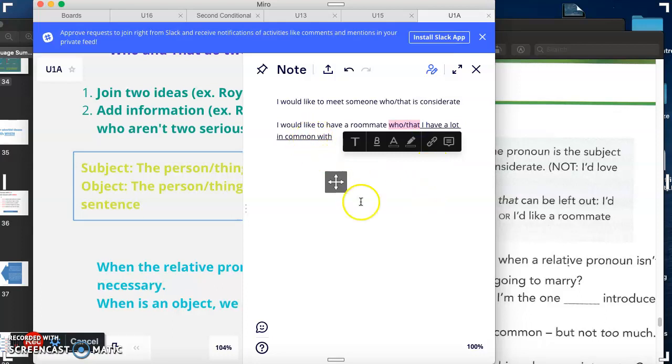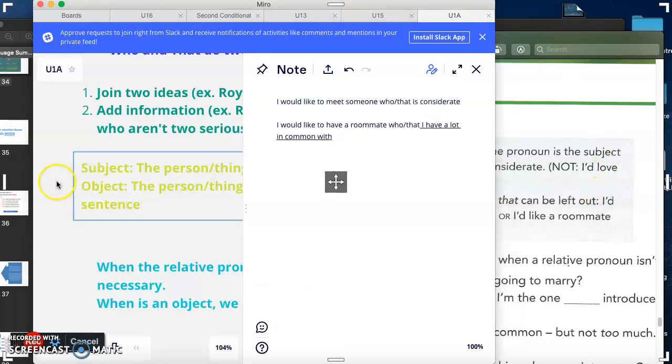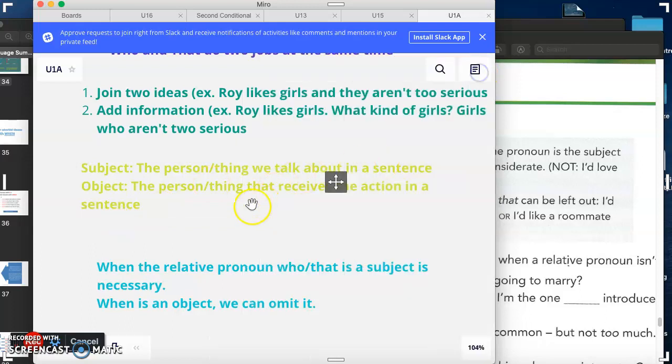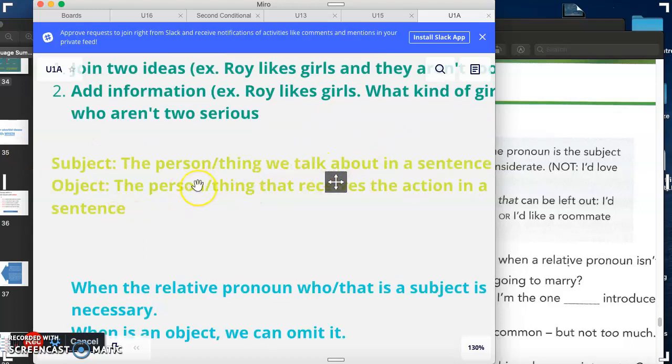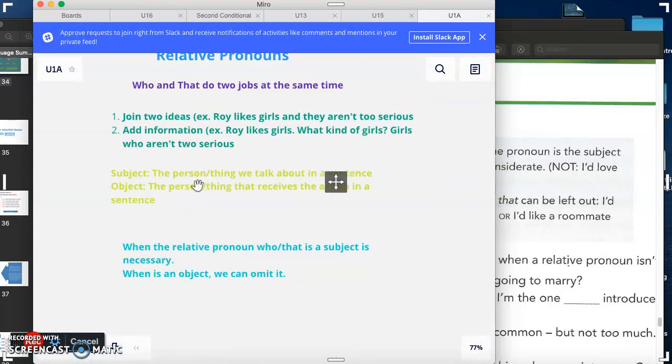Because I can also say I would like to have a roommate I have a lot in common with. So who and that are not strictly necessary if we are having it as an object. Remember that the subject in a sentence is the person or object or thing that we talk about, and the object is the person that receives the action.